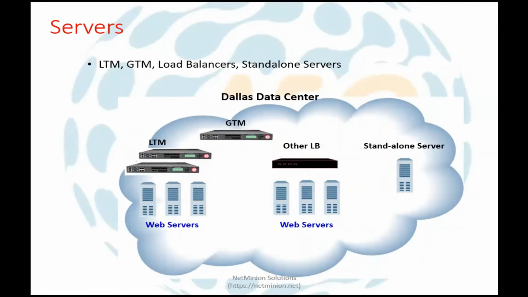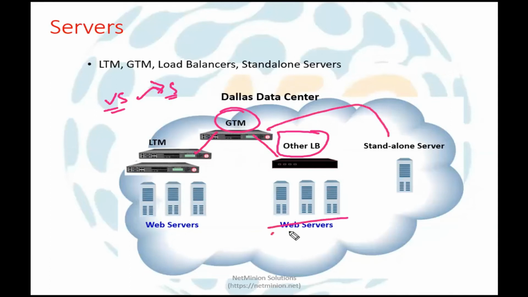Similarly, you have servers, right? What are the servers? The physical form of your network, probably we can say. A server contains virtual servers. If you talk about LTM, a virtual server contains the server in the backend. But in your Big IP DNS, you can have the LTM as the server and there can be other load balancers which act as the server, maybe more than one or standalone.